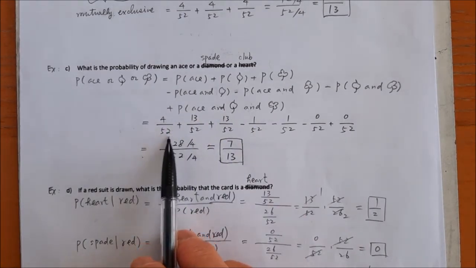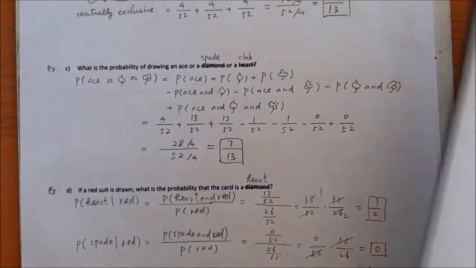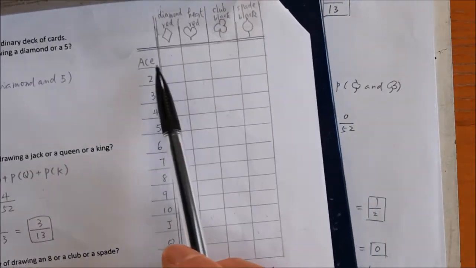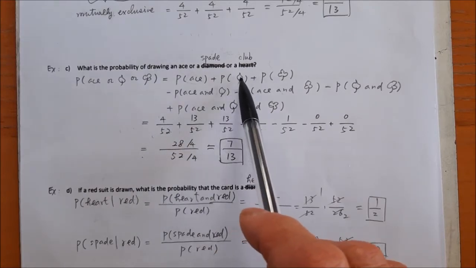So total 52 cards. How many are ace card? There's 4 ace card. Here ace 1, 2, 3, 4. 4 ace cards. So 4 out of 52 plus probability of spade.